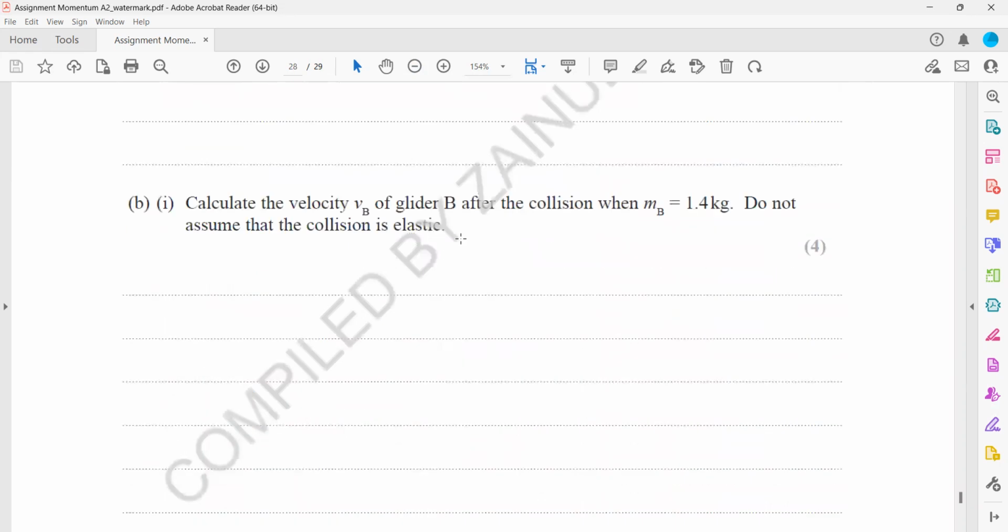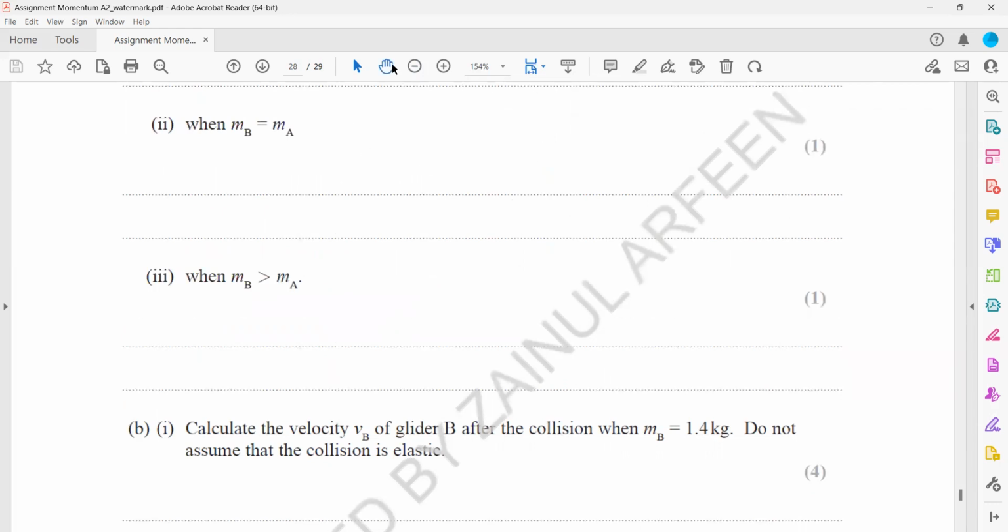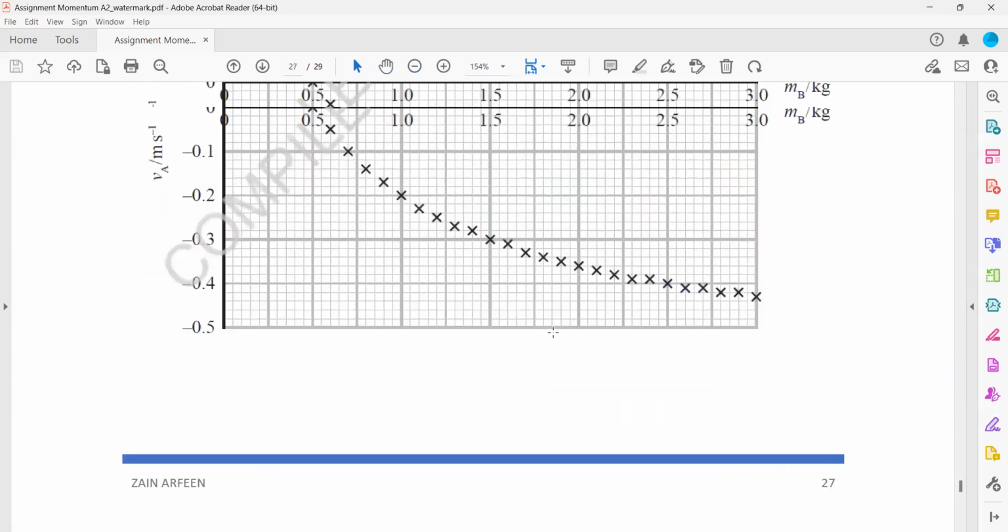Part B is the doubt. Calculate the velocity VB of glider B after the collision when the mass is 1.4 kilograms. Do not assume that the collision is elastic. So you cannot say the kinetic energy is conserved, but you can consider momentum is conserved.